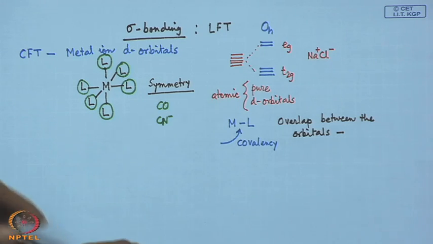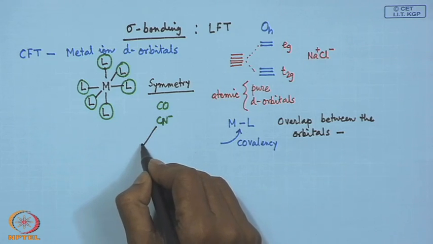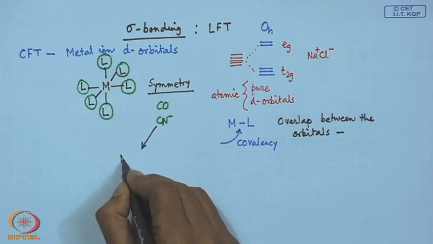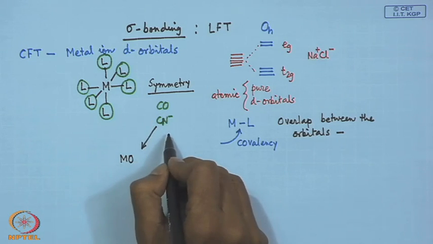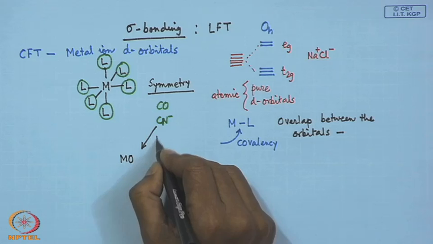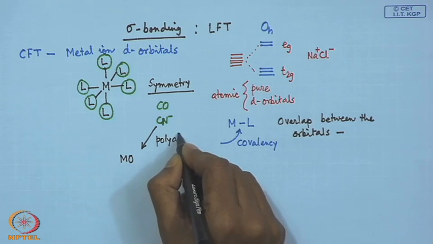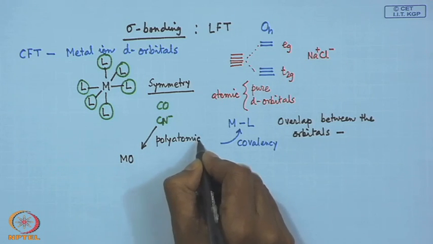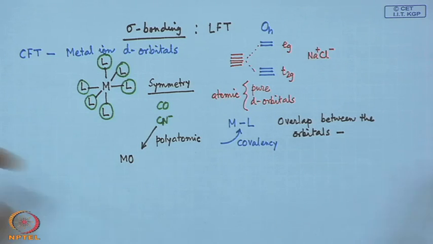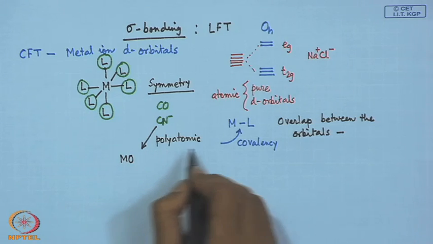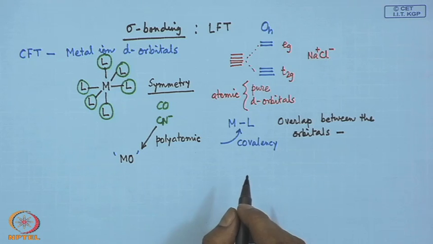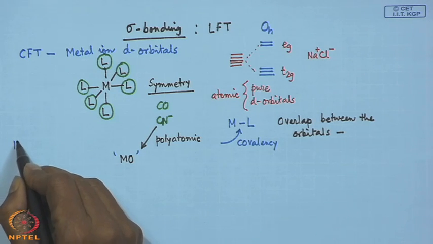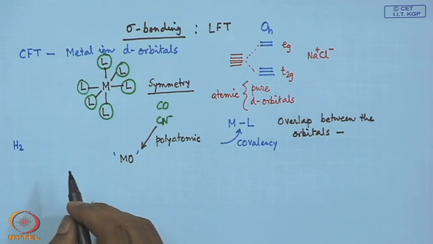if we consider that molecular orbitals are slowly coming into the picture, the individual molecular orbitals, if we are talking about a ligand which is polyatomic in nature, that means individual atomic orbitals are losing their character, and for a polyatomic system we should also have a molecular orbital arrangement, which we all know from the simple arrangement of the hydrogen molecule.